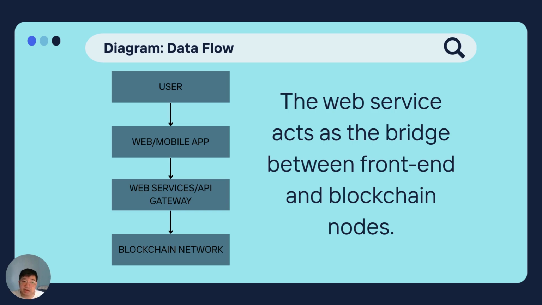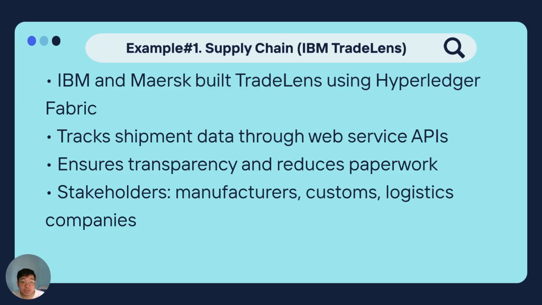Once the blockchain validates the transaction, the information travels back through the same route: the blockchain, web service, and the user. This structure makes it possible for ordinary apps to access blockchain technology without needing direct blockchain code in the app itself. So let's give an example for the supply chain, the IBM TradeLens.